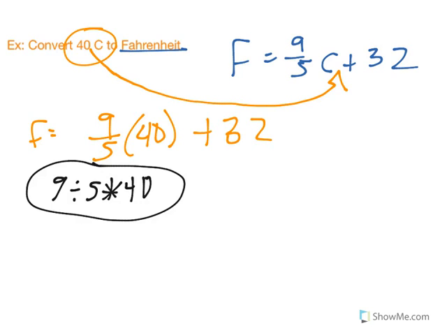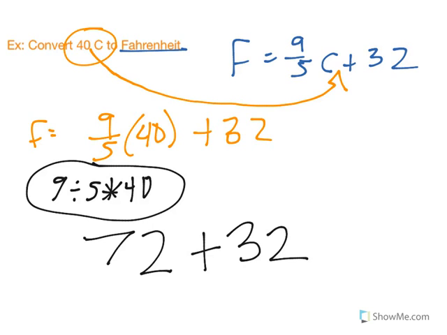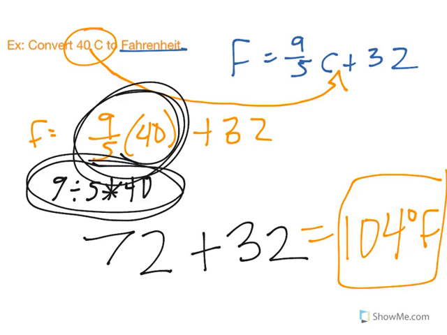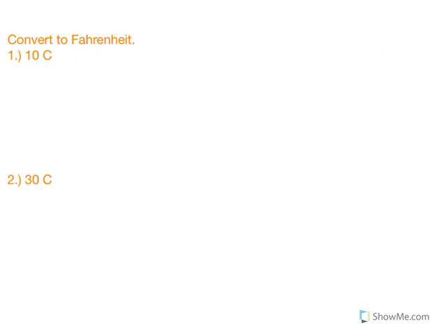When you take 9 divided by 5 and multiply by 40, you get 72. Then you take that 72 and add 32 to it. So you get your answer of 104 degrees Fahrenheit. But you have to do that piece first. If you don't, it'll ruin your answer. So make sure you do the multiplication and division, and at the very, very end, you add the 32.